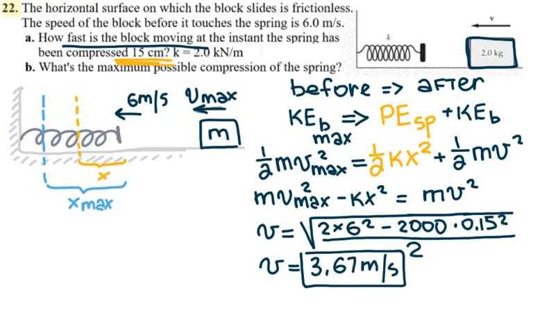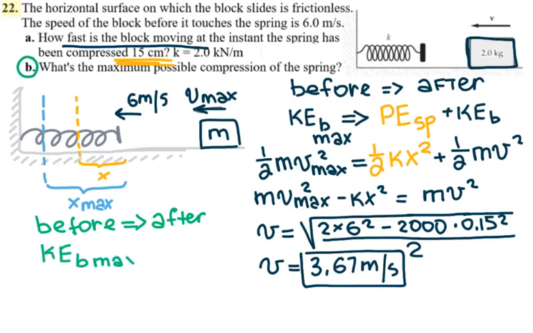And then for part B, I need to know the maximum compression. So for B, to find maximum compression, I'm going to say that all the before energy is going to go into the potential energy of the spring after. So now I have all the kinetic energy of the block before, maximum, is going to go to the potential energy of the spring maximum.